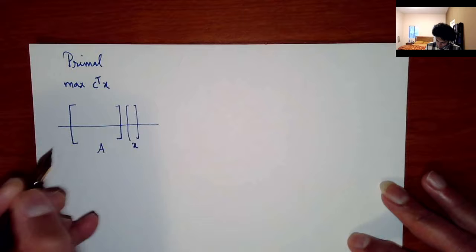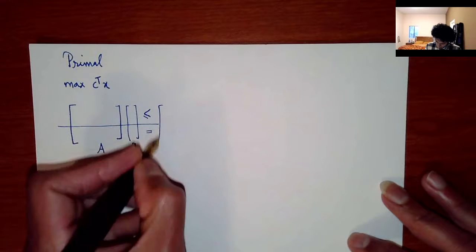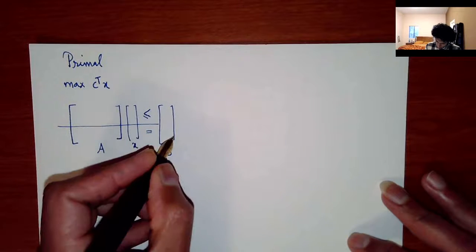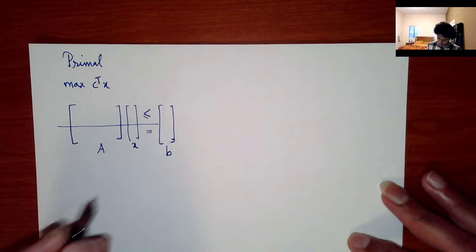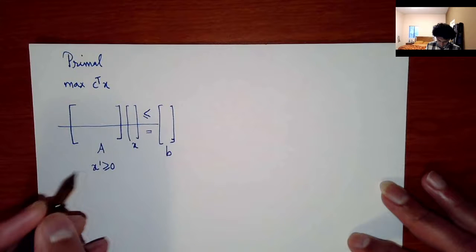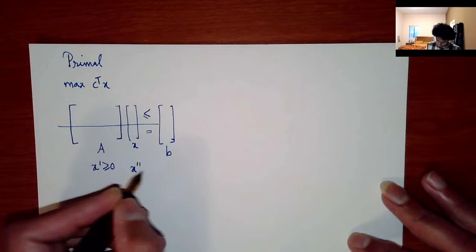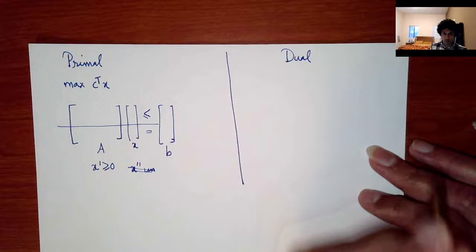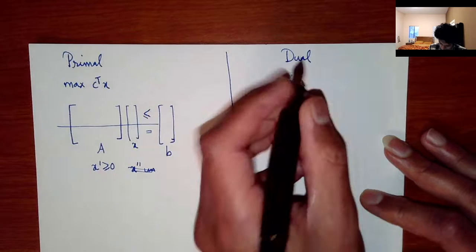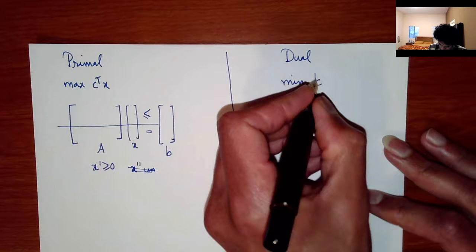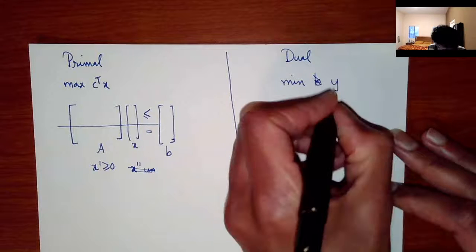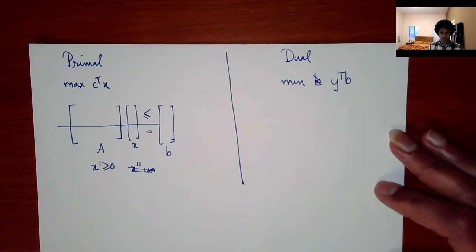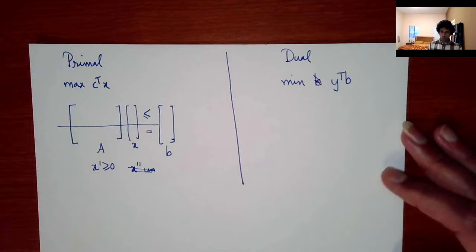So Ax, that's less than or equal to, that's equality of b. And we have x prime greater than 0 and x double prime unconstrained. So I'll just leave that. The dual will minimize y transpose b.